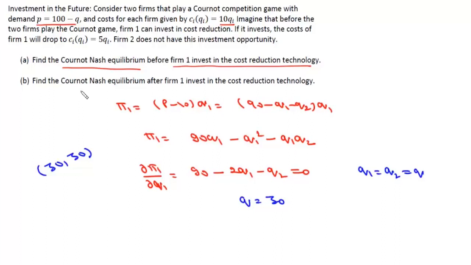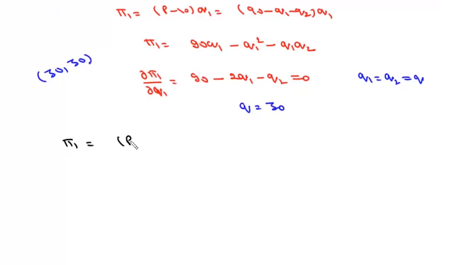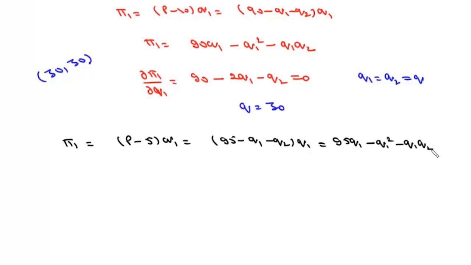Now the second part says, find the Cournot's Nash equilibrium after firm 1 invests in the cost reduction technology. Now when the firm 1 invests in cost reduction technology, its marginal cost drops down to 5 from 10. Now in this case, we can write its profit function as (P minus 5) Q1, and there will be (95 minus Q1 minus Q2) into Q1, and there will be 95 Q1 minus Q1 square minus Q1 Q2.